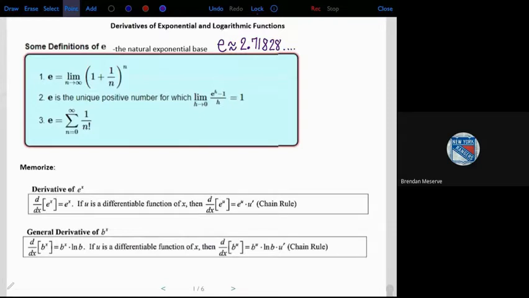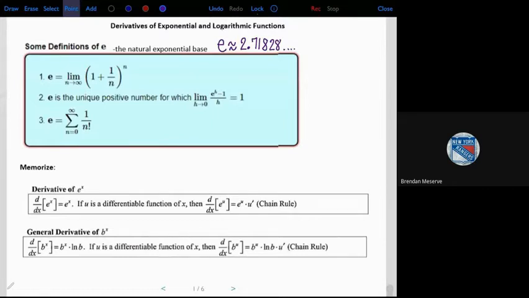If you plugged this expression into your calculator, it would be approaching a horizontal asymptote equivalent to this 2.718 number.